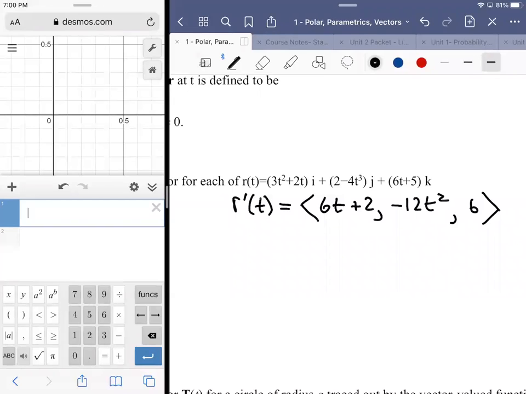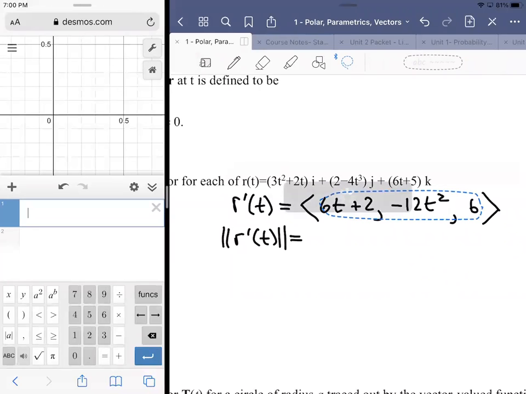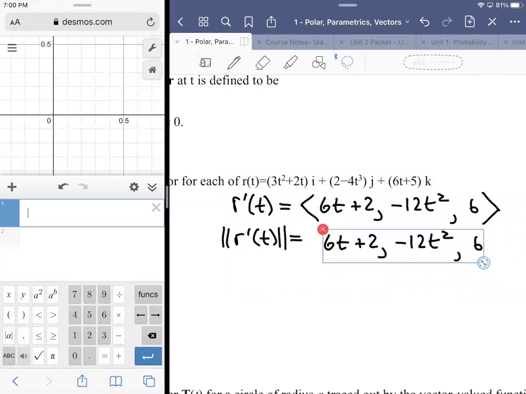That's all. Now I need to find the magnitude. So I'm going to just kind of strip this down a little bit. Square each part, add them together, you know the drill.